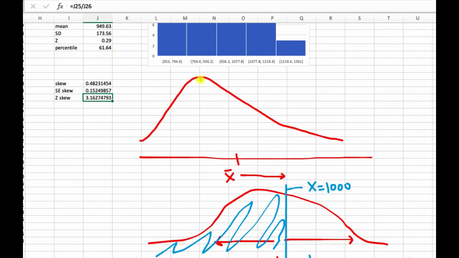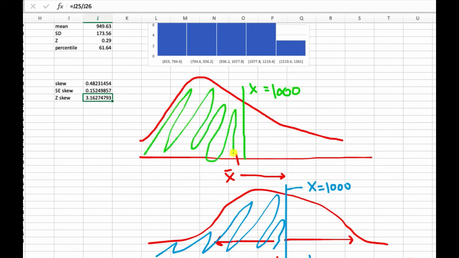However, when our mean is not aligned with the peak of the distribution, and we're still saying that we're just past the mean, where the x is still equal to 1,000, and we still want to know the percentage of values that lie to the left of that, we can see that because our data are skewed, a greater percentage of our distribution lies on this left side of the mean.